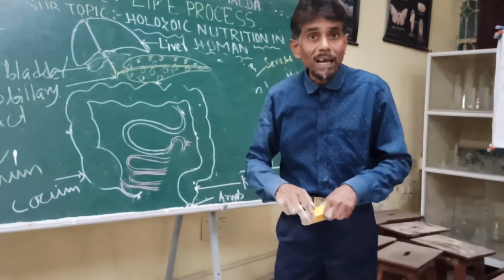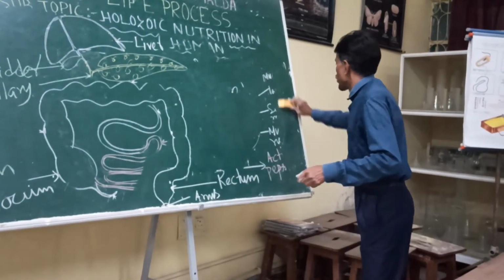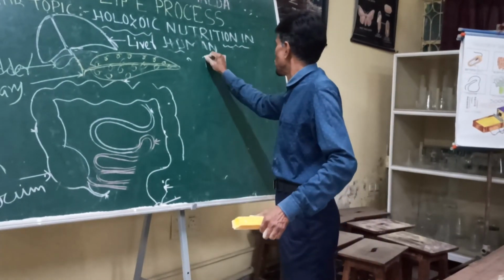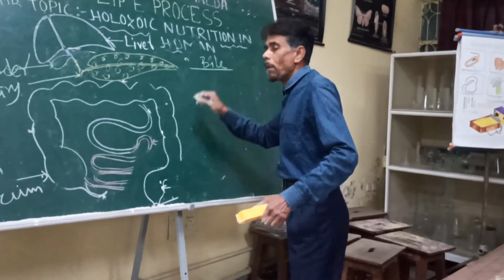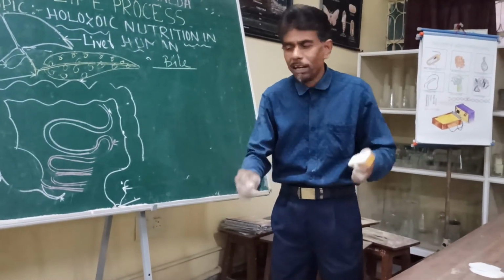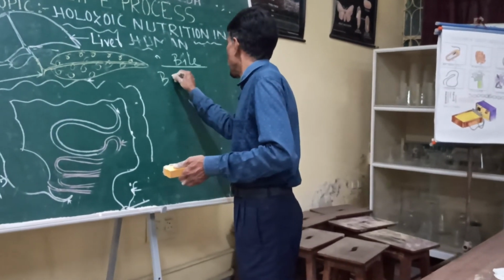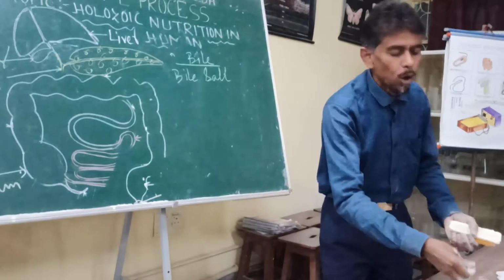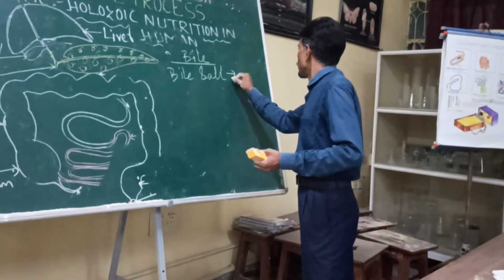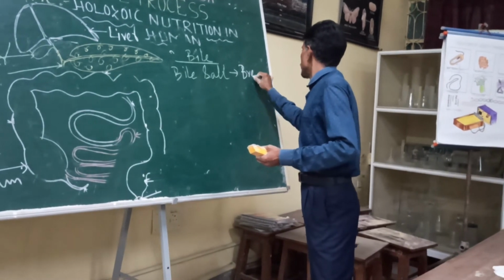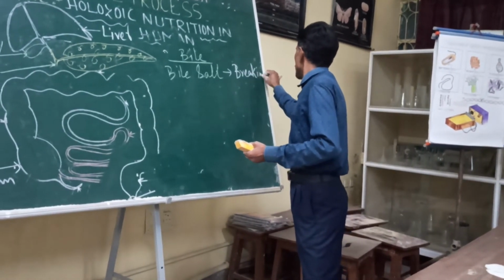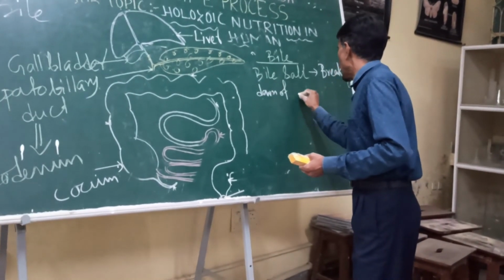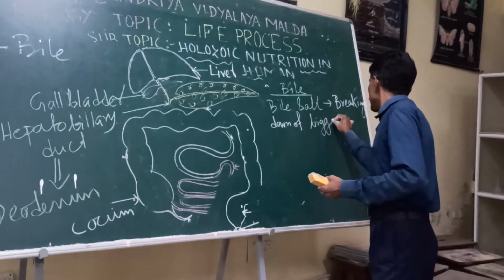What is the function of bile? Bile contains bile salt. This bile salt helps in breaking down bigger fat.